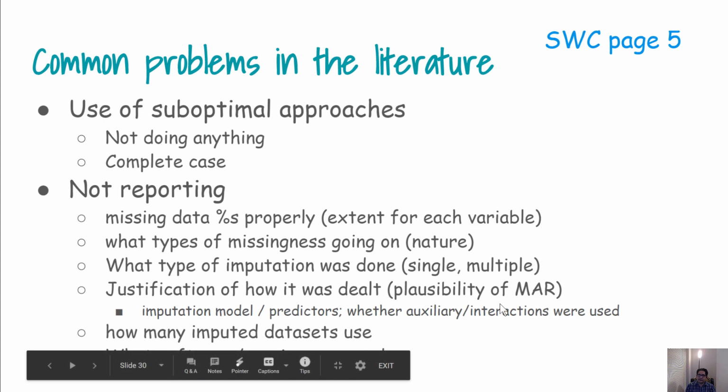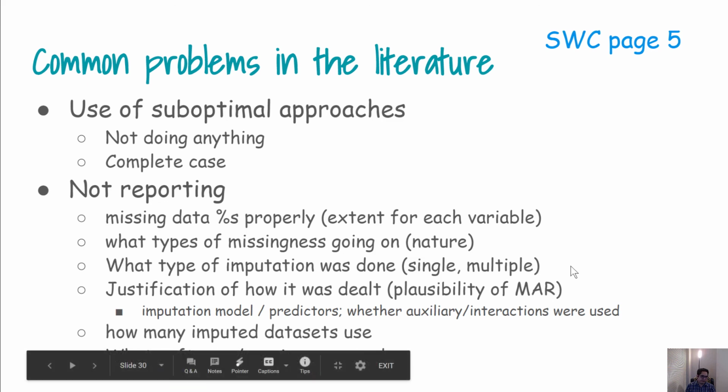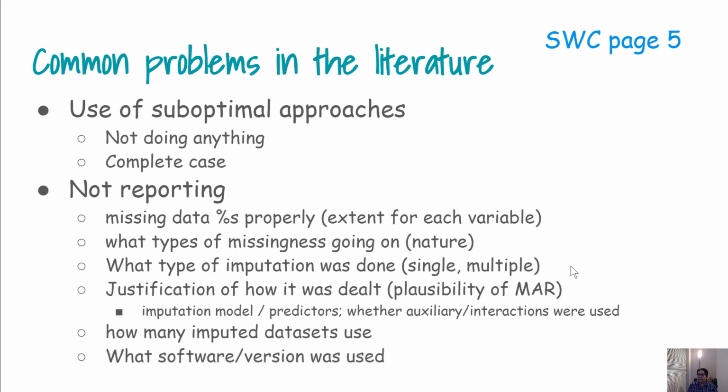And as I said, justifying your assumption is very important, because both single imputation and multiple imputation are done under the assumption of MAR, or missing at random. If missing at random is not justifiable, then we cannot do single or multiple imputation and claim that our results are perfect.